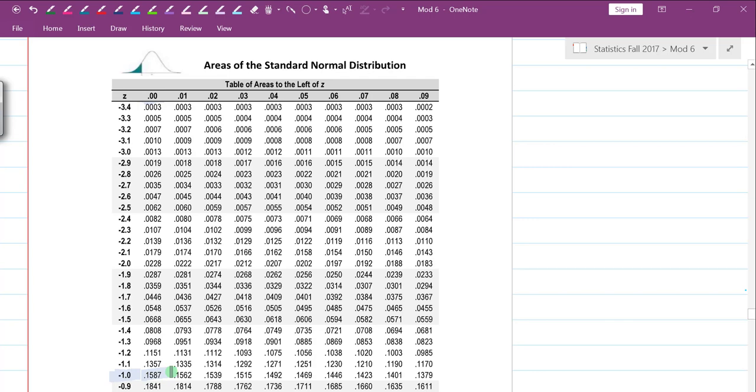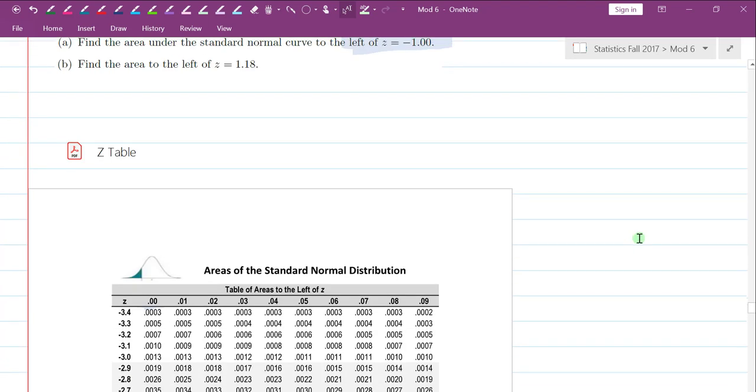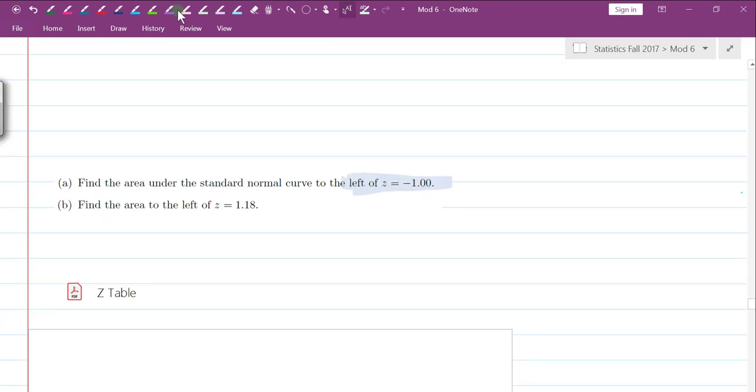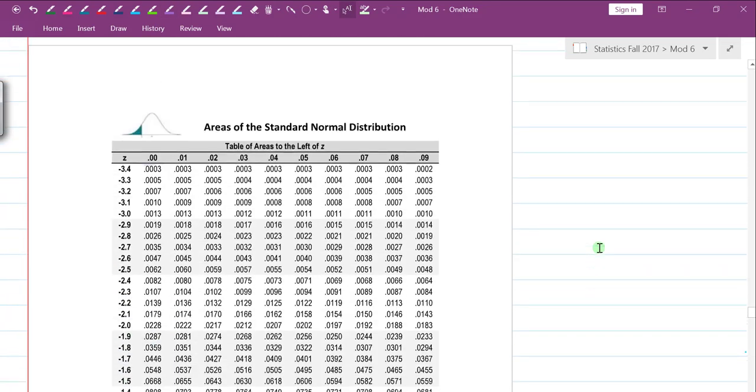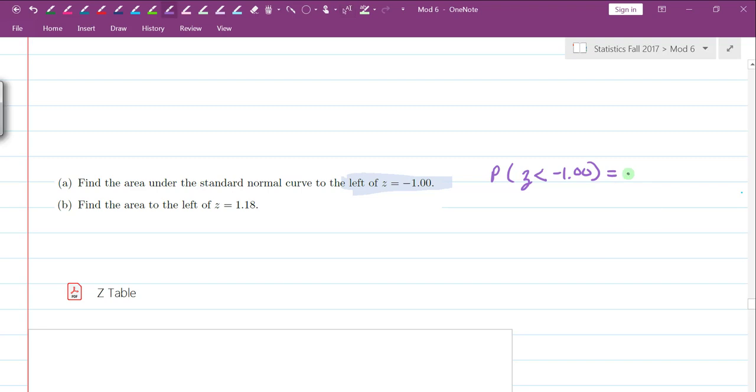The area to the left of -1.0 is 0.1587. So the probability that z is less than -1.00 is equal to 0.1587.